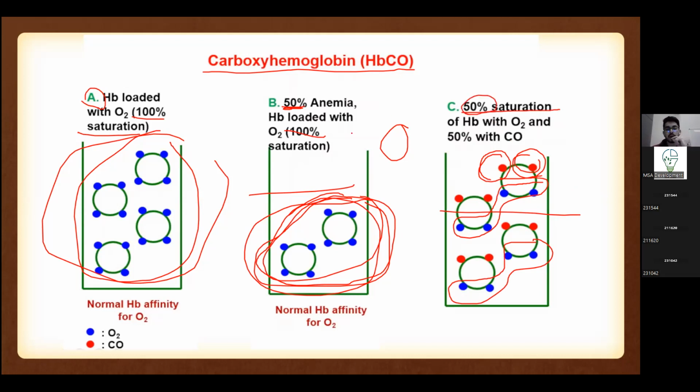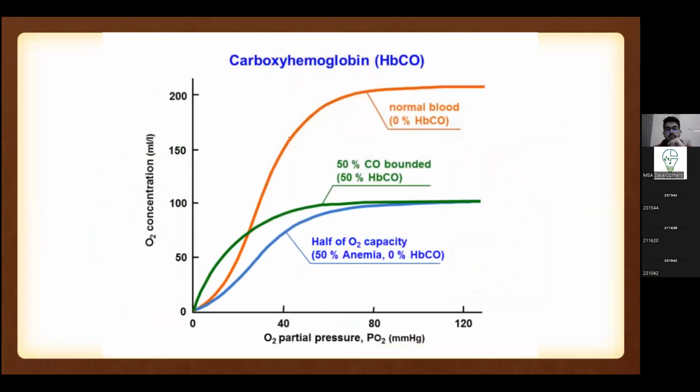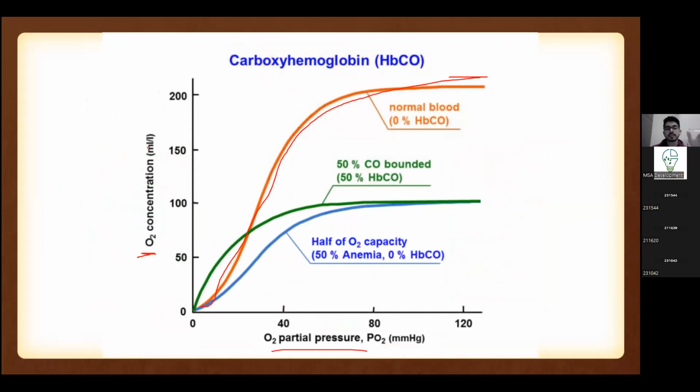Okay. This might not seem clear, so now we're going to explain it on the graph, and I hope it's going to be more clear, inshallah. So here in the graph, first of all, this is a concentration graph in relation to partial pressure. The orange graph is the normal blood. It's basically point A, where we have normal erythrocytes and 100% saturation. All binding sites are occupied.